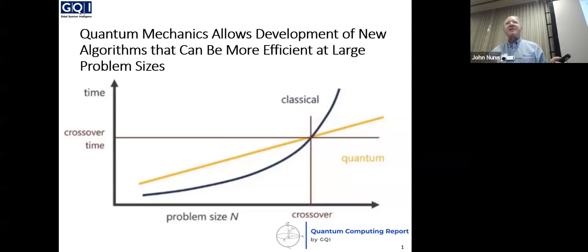And the key to quantum is that people can come up with a different algorithm that takes advantage of those three properties I was talking about before: superposition, entanglement, and interference. And they can create an algorithm that's more efficient. Perhaps instead of n factorial, it's n squared, something like that.